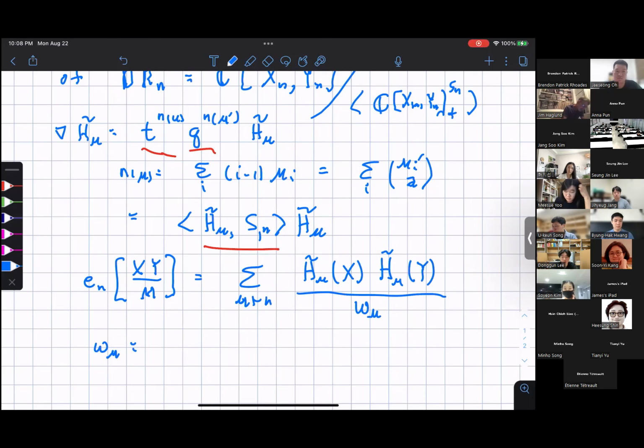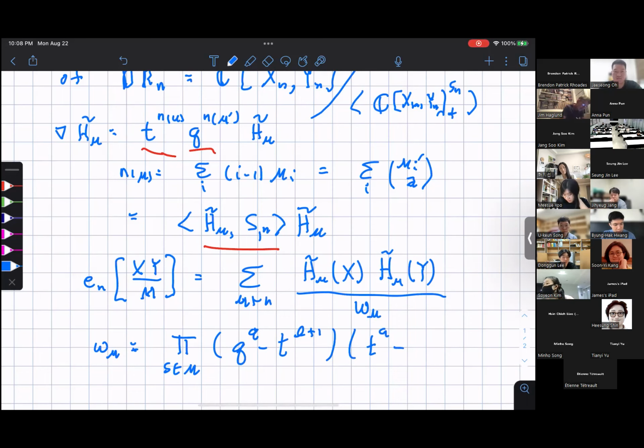So this W mu is a function which arises all the time in this area. So you take the product over all cells of mu. And a and l mean arm and leg lengths.